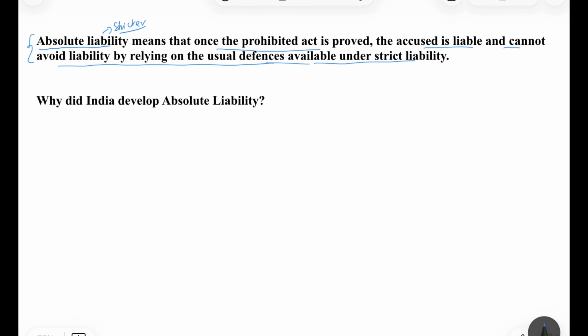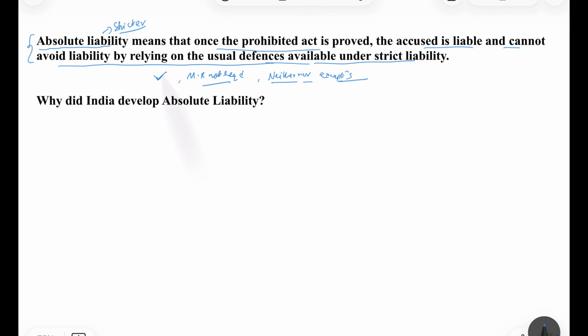In simple terms, if I need to put this definition, actus reus must be proved anyways for absolute liability and also strict liability, and mens rea is not required. And I said that in strict liability general defenses are available, but here neither defenses nor exceptions are available.